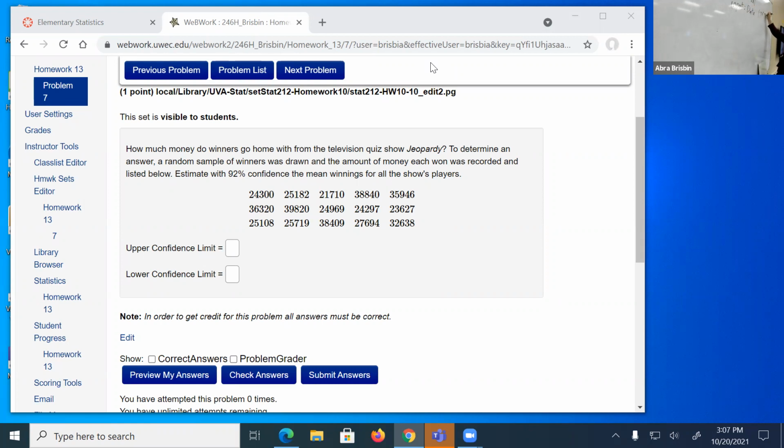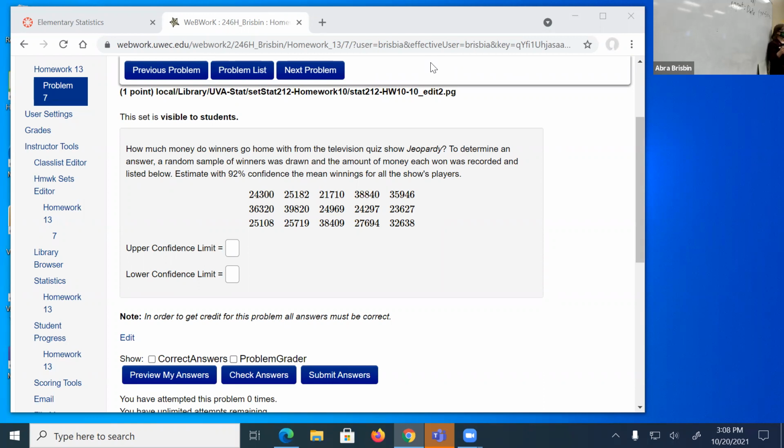So you can do stat, edit, and then type the data into L1. And your calculator will compute the mean and standard deviation for you. The other way to do this would be to do input stats.